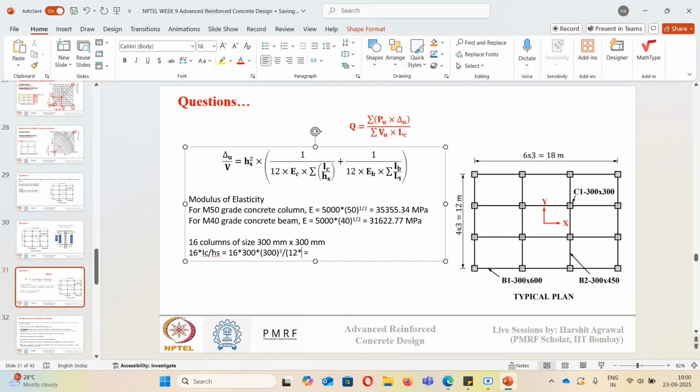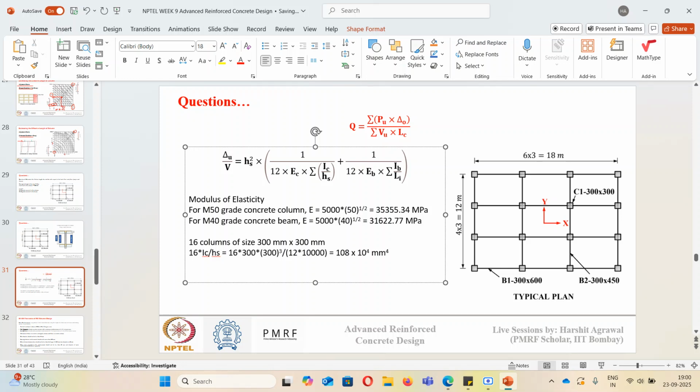HS is 10 meters, so that is 10,000 mm. So this total calculation, if you do it, will come out to be 108 into 10 to the power 4 mm, millimeter to the power 4. So this is my summation IC by SH that I am getting for 16 columns.